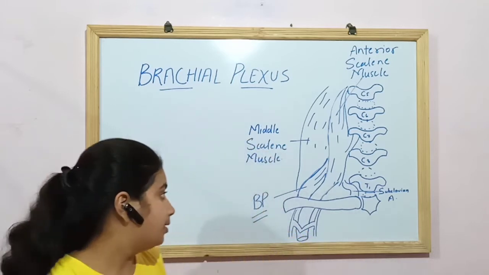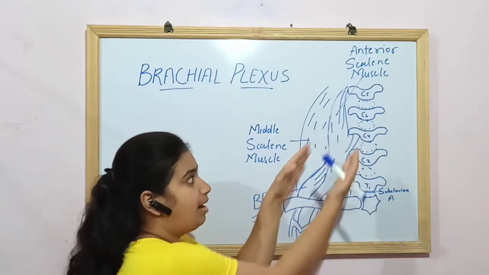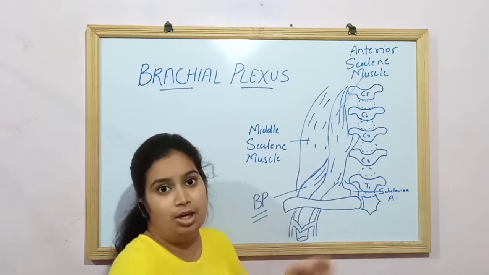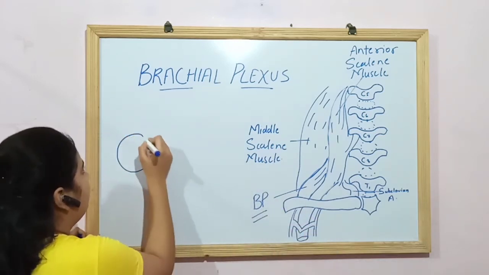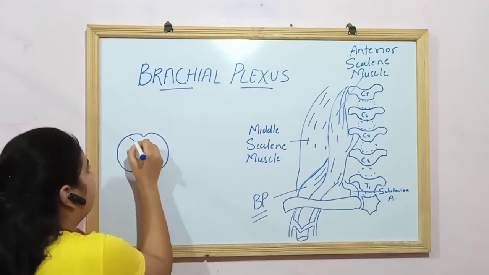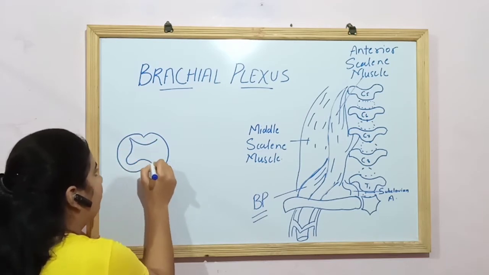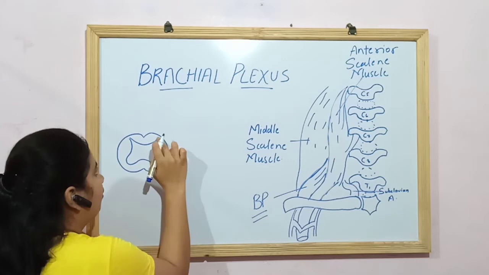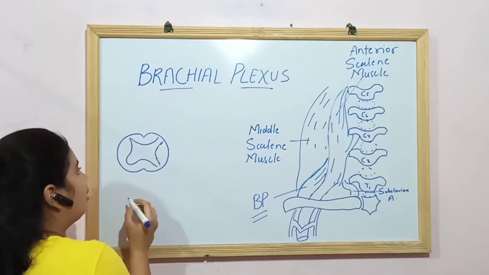Guys, when this brachial plexus is arising from the spinal cord, it arises likewise. You may see that this is the diagram of the cord. This is your anterior horn.